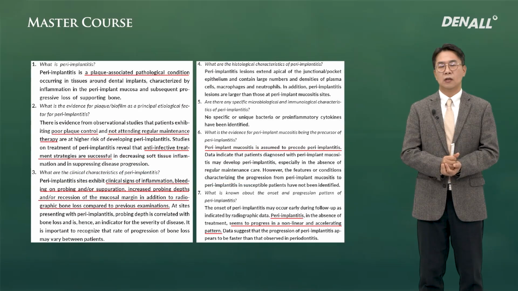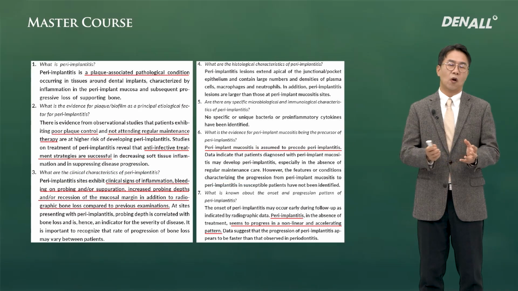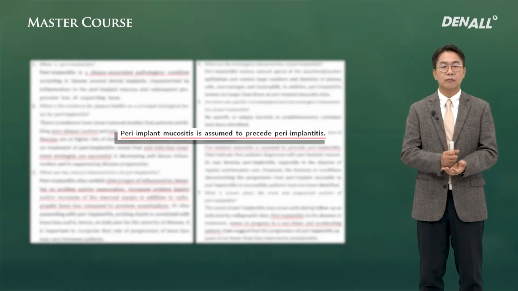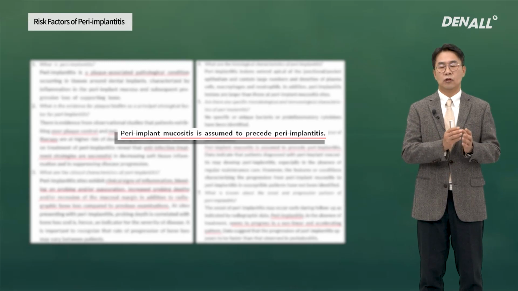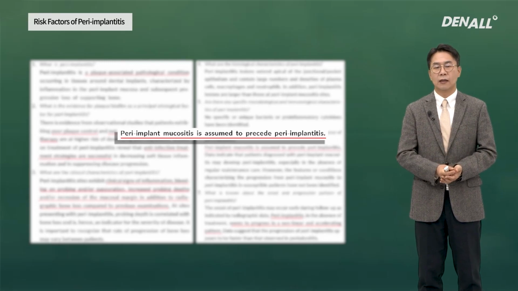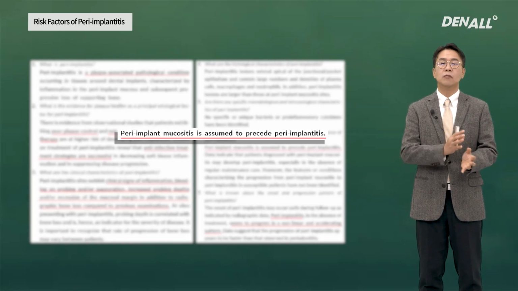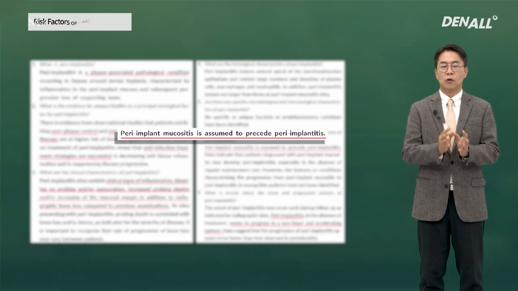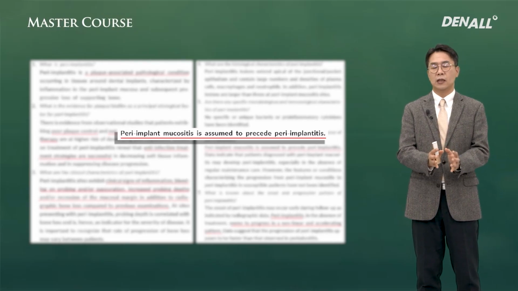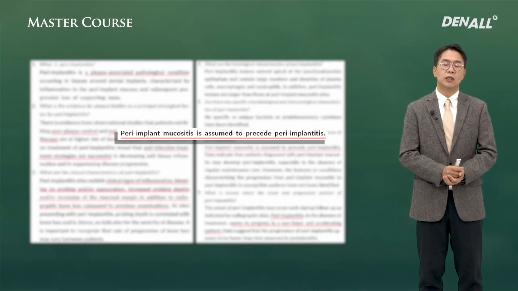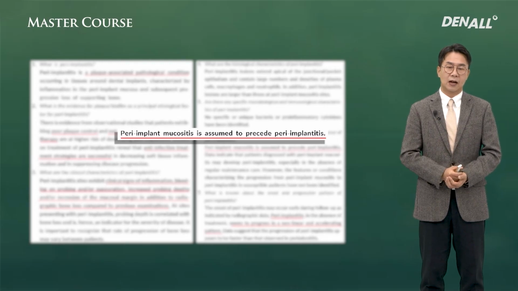In the past, it was not clearly mentioned, but here it clarifies that the peri-implant mucositis is assumed to precede peri-implantitis. So if you observe peri-implant mucositis and address it, the progression to peri-implantitis can stop.